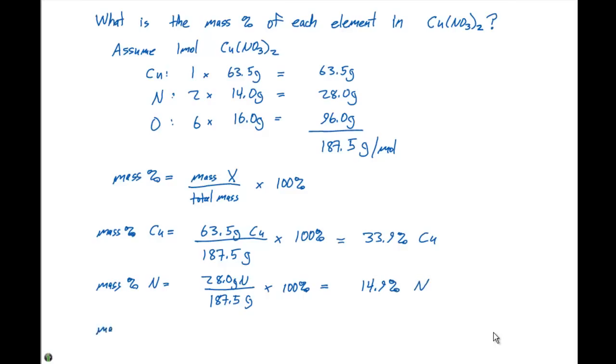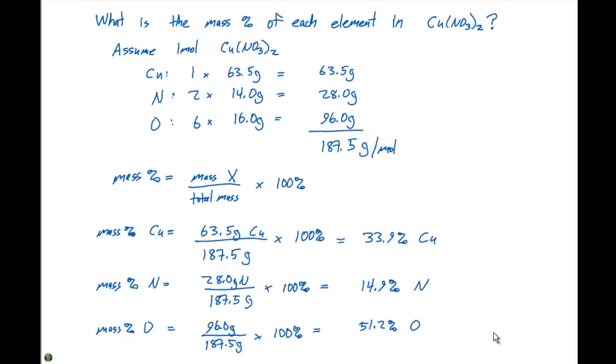The mass percent of oxygen is going to equal 96.0 grams divided by 187.5 times 100%. This is going to give us 51.2% oxygen. And as a double check, we can add all these together and they should add up to 100%. And in this case, they do.